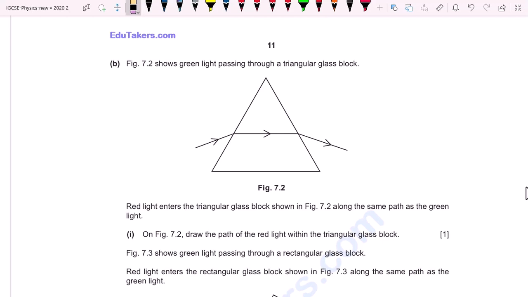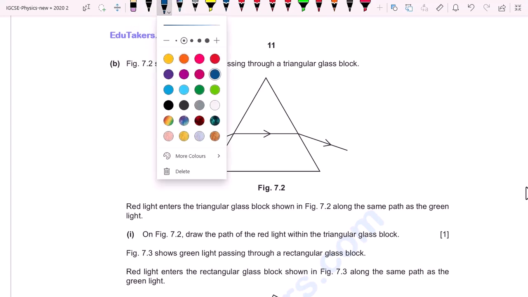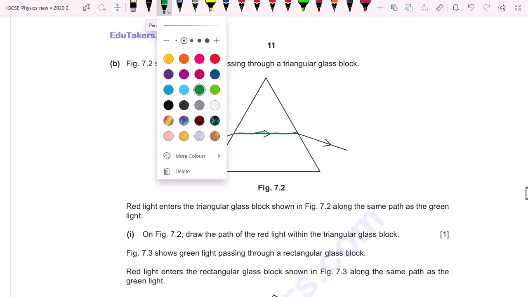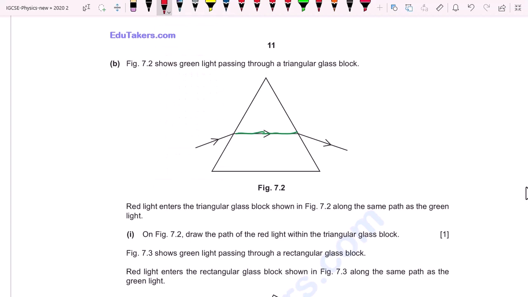So first of all, I redraw this line, which is green, and we have to draw for red light. We know that the wavelength of red light is larger compared to green light. So when red light and green light pass through the prism, red light has less deviation, so it will be above the green ray.